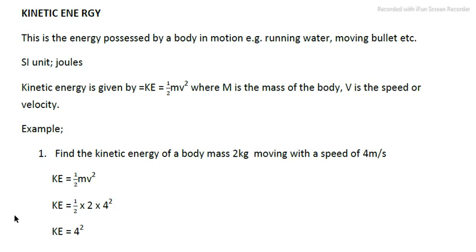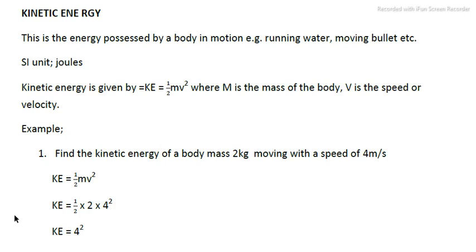For instance, we have running water. Running water has kinetic energy. We have moving bodies. Anything that is in motion possesses kinetic energy, and kinetic energy is measured in joules.